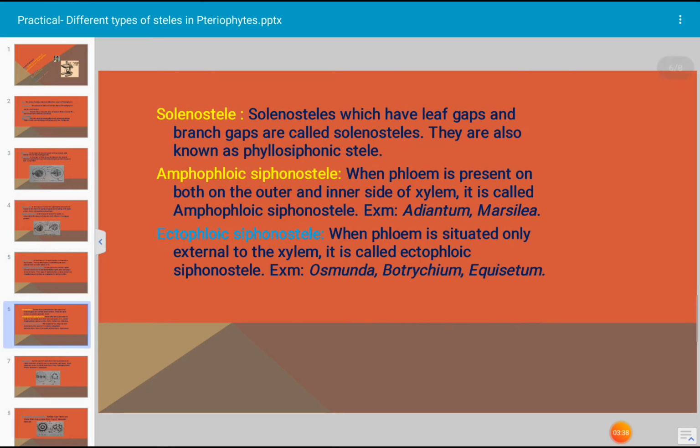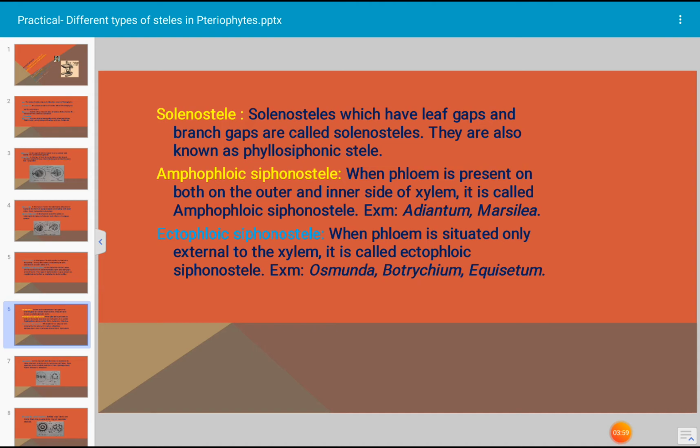Next, another type of stele which very commonly occurs in pteridophytes is Solenostele. Solenosteles have leaf gaps and branch gaps. They are also known as phyllosiphonic steles.